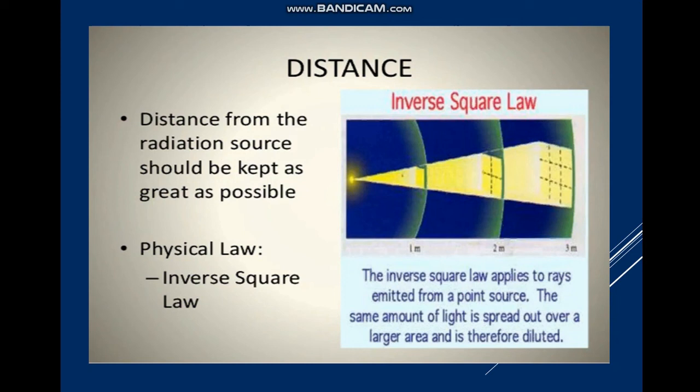And in this respect, the inverse square law is so important. Point sources of X-ray and gamma radiation and all ionizing radiation follow the inverse square law, which states that the intensity of the radiation decreases in proportion to the inverse of the distance from the source squared.